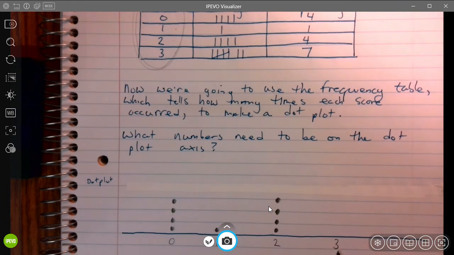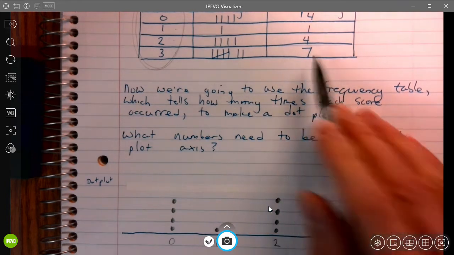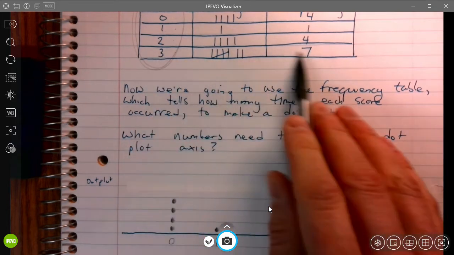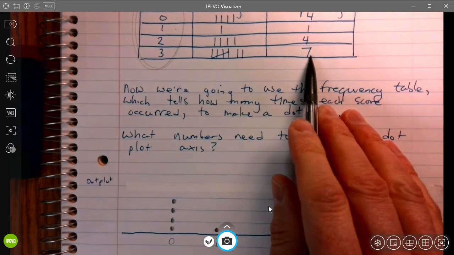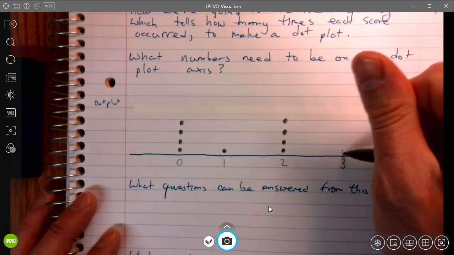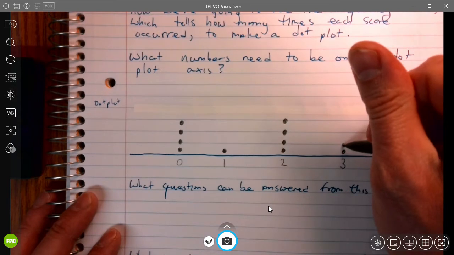And how many students got a 3? Well, 7 students received a score of 3. So I'm going to put 7 dots for those 7 students.